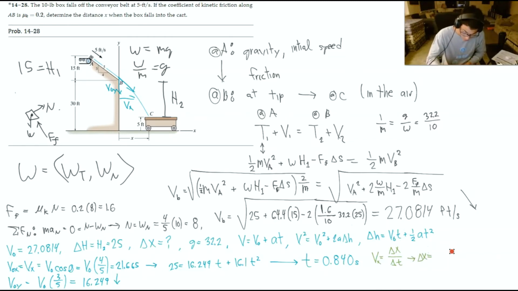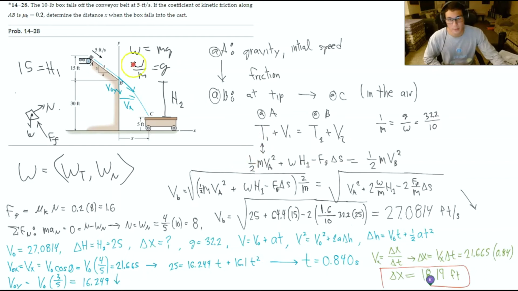It's going to be Vx times change in t, which for us it's going to be 21.665 times 0.84. So our change in x, and I'll put this in my calculator and give it to you guys. And our answer is going to be 18.19. And this is units feet.